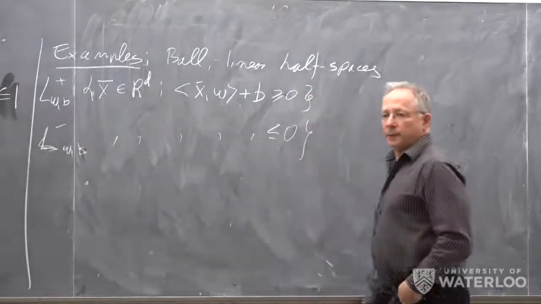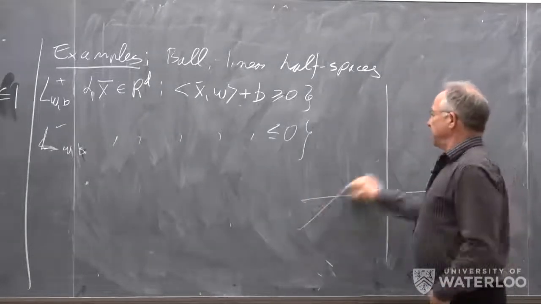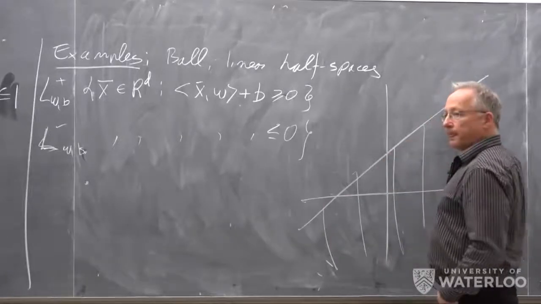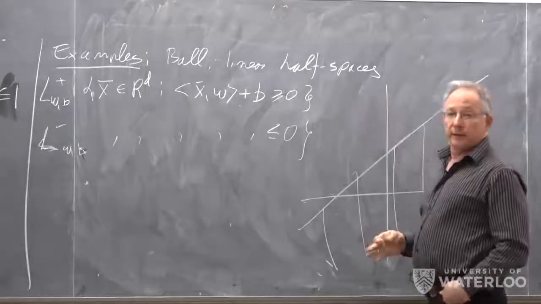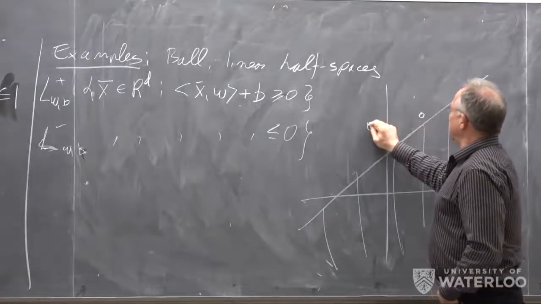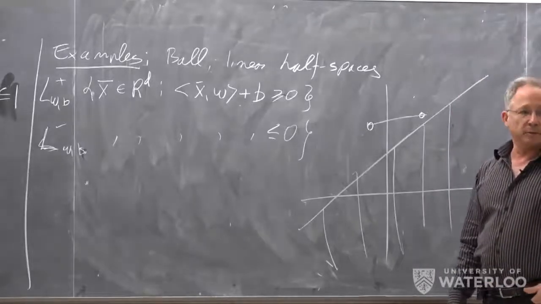In both cases, it will be convex, because if I take my space and I cut it with a line, and I look at everything below it or everything above it, in both cases, if I take 2 points here and connect them, all of the interval is going to be on the same side as these 2 points.